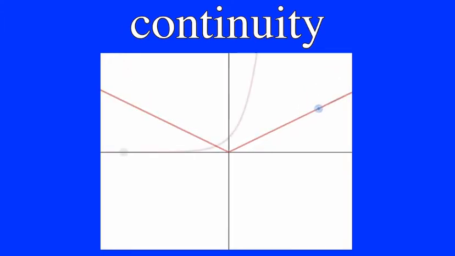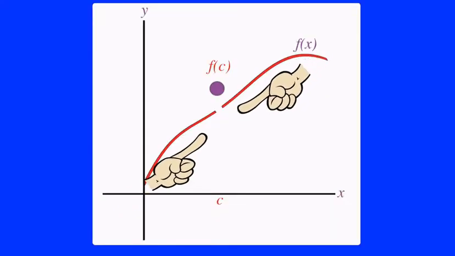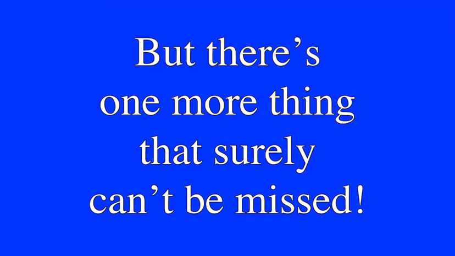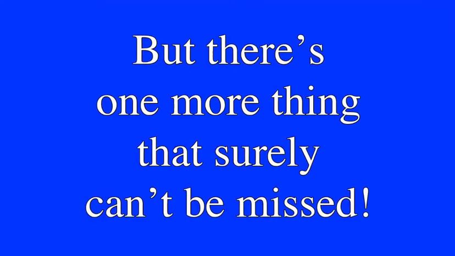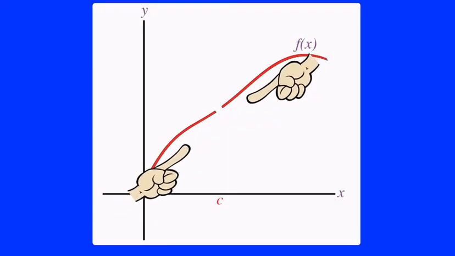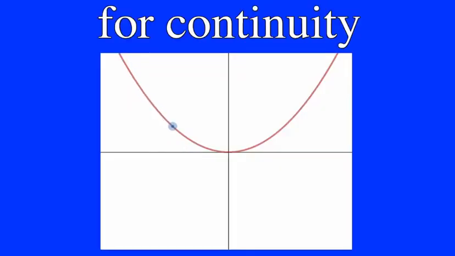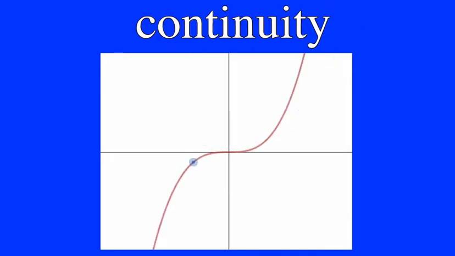Continuity. Oh, to exist. The limit and depth of C, they must exist. But there's one more thing that surely can't be missed. The limit of f as x approaches c, it better equal f of c for continuity. Oh, continuity.